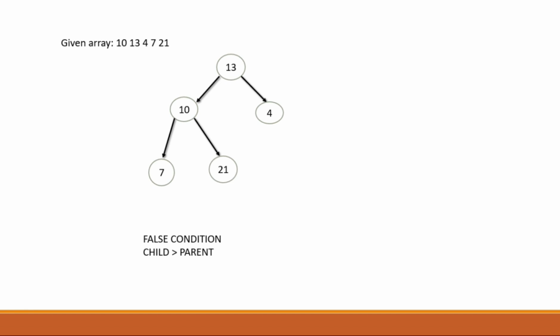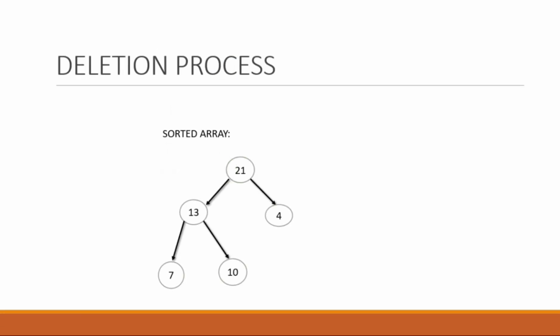Here the max heap condition is not satisfied as the child is greater than the parent, so it is rearranged and 10 is swapped with 21. Again we can see that the condition for max heap is not satisfied, so 21 is replaced with 13.